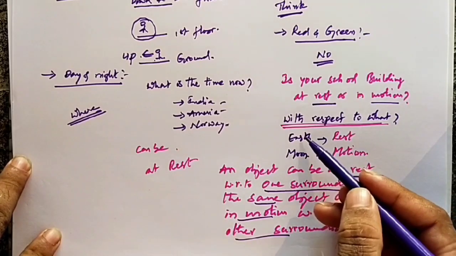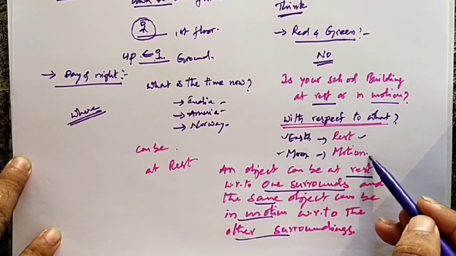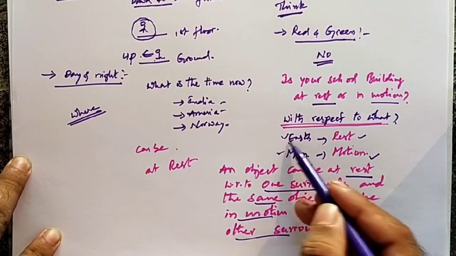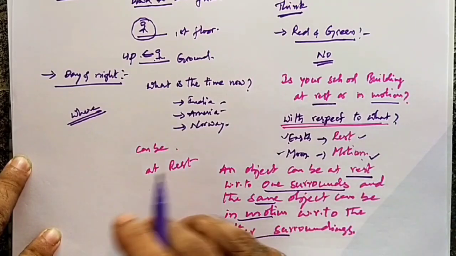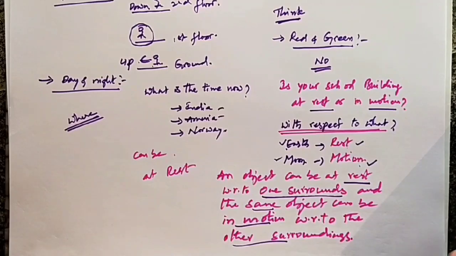So it purely depends on the surroundings with which you are comparing. If the surroundings change, then the state of the object changes. If you compare with the earth, it is at rest. If you compare with the moon, it is in motion. As the surroundings change, the state of the body also changes. So this is about rest and motion we must learn.